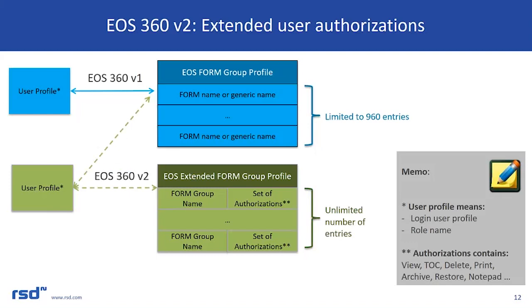It contains not only the form groups, but also some authorizations, for example, viewing, table of contents, delete, print, archive, restore, notepad. They will be assigned to a user group, a user profile as a form group. I know you're going to have questions, so we're going to save questions for the end of the presentation. Next, please.